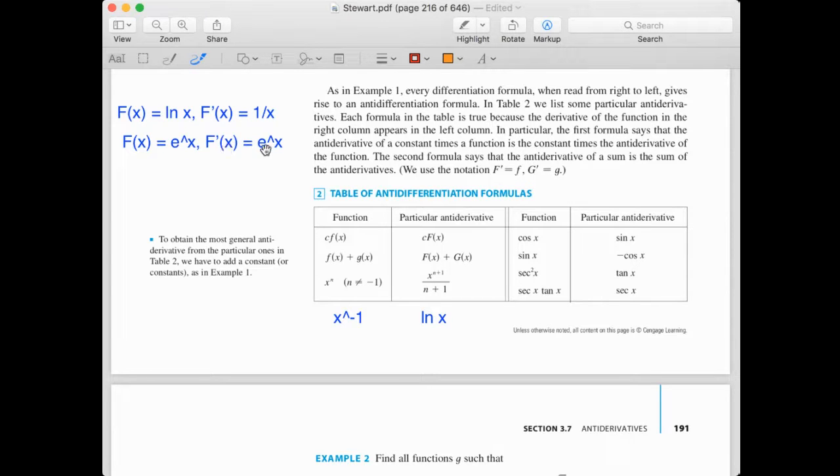We will get the derivative to be e to the x multiplied by 2x. All right. But in general, the log function derivative is 1 over it. But if inside the log is x squared, then we have to apply chain rule. But ln x derivative is 1 over the x. E to the x derivative is e to the x.